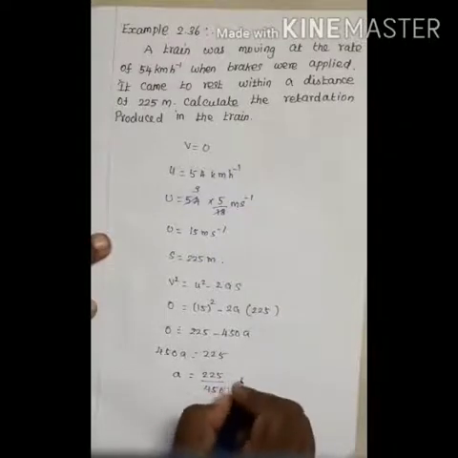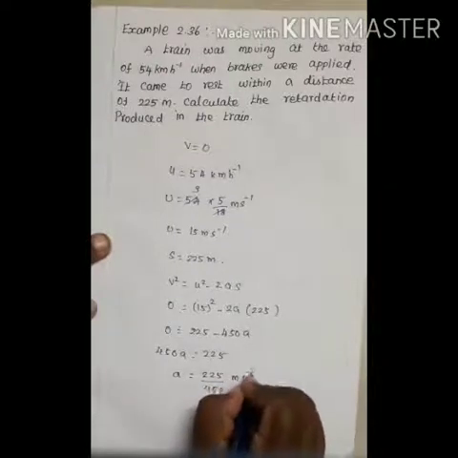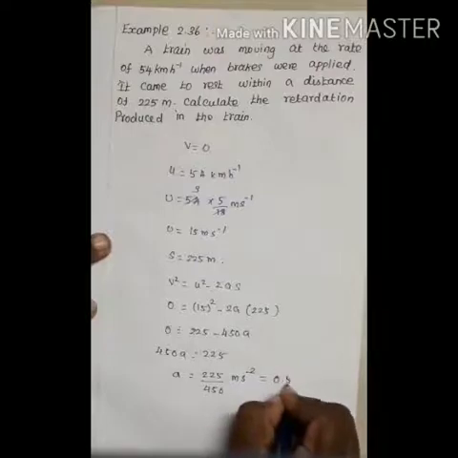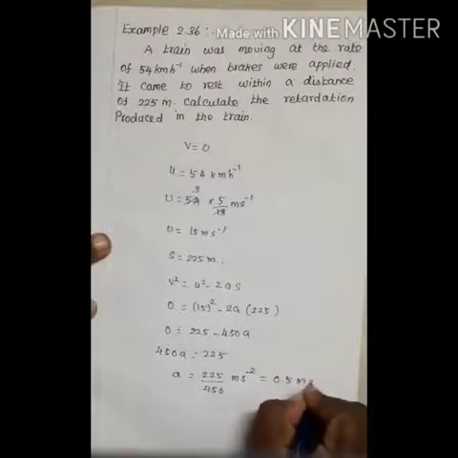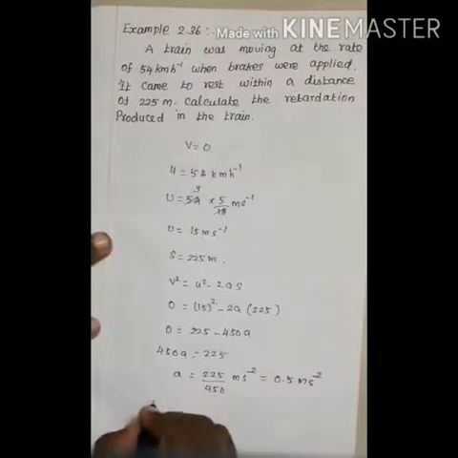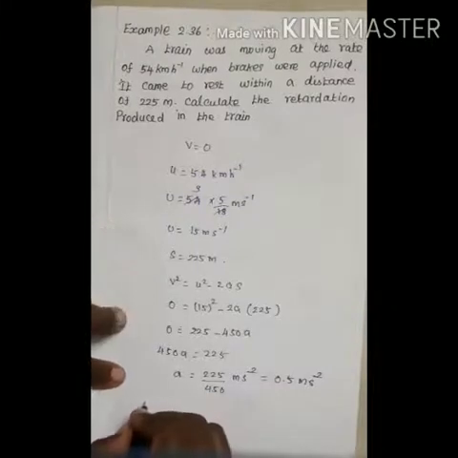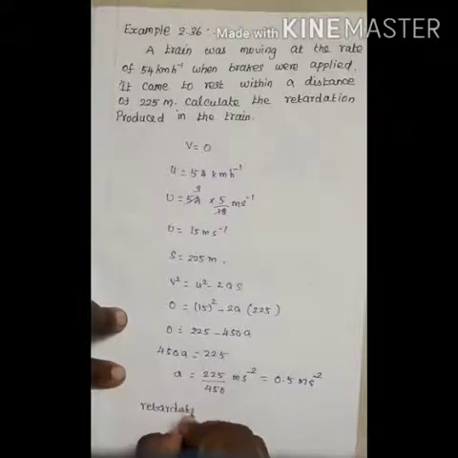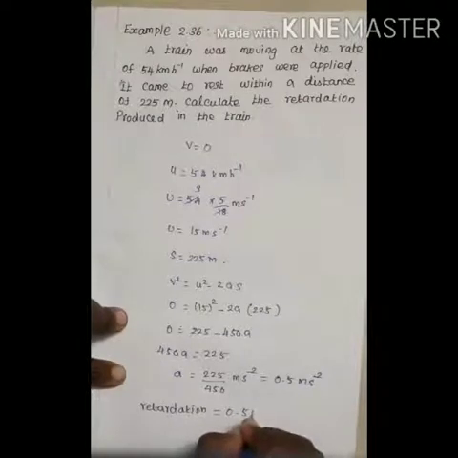Simplifying, the acceleration is equal to 0.5 meter per second square. Therefore, the retardation is equal to 0.5 meter per second square.